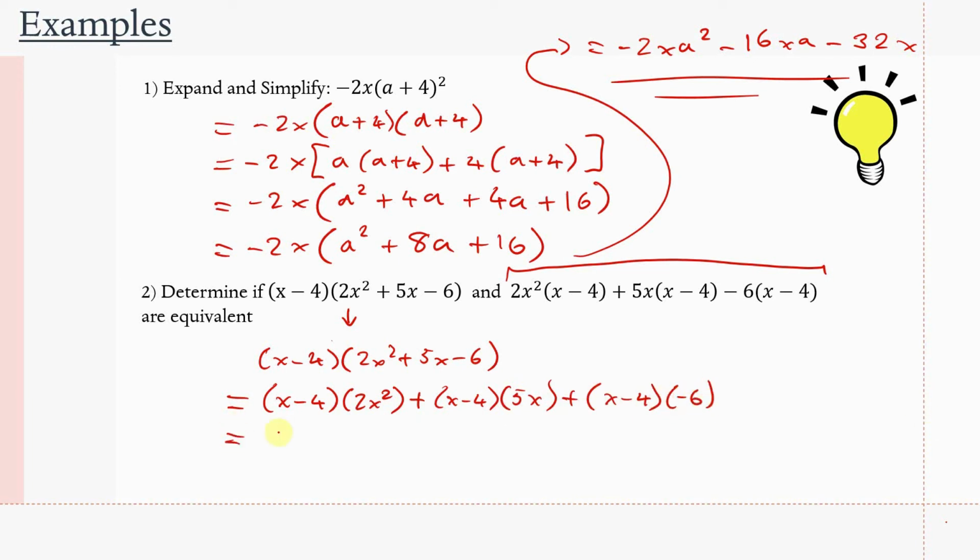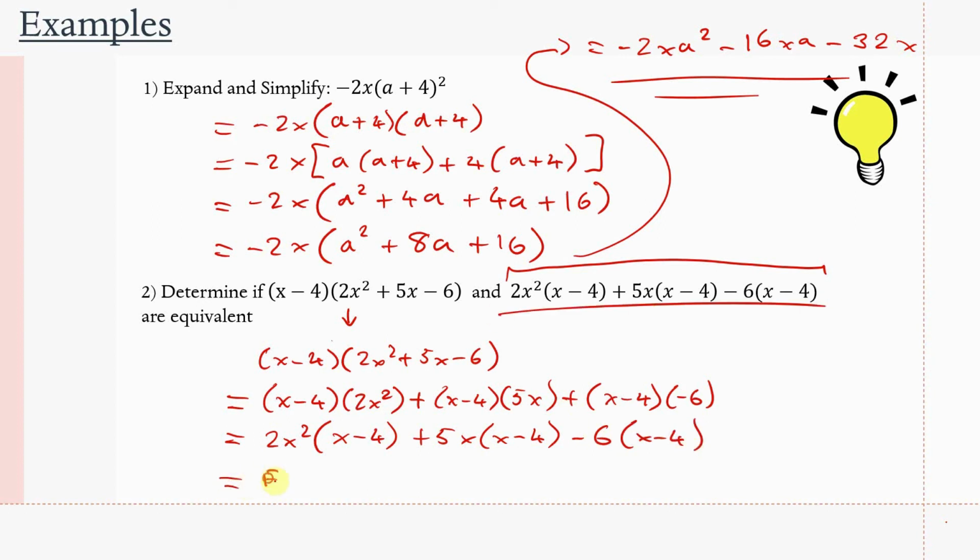And if we write that a little differently, we can say that 2x squared times x minus 4, and then we can say 5x times x minus 4, and then we can say negative 6 times x minus 4. And this is exactly expression 2, right?